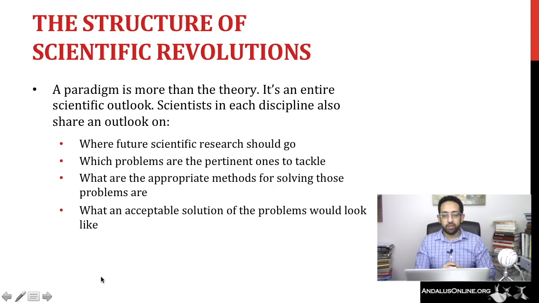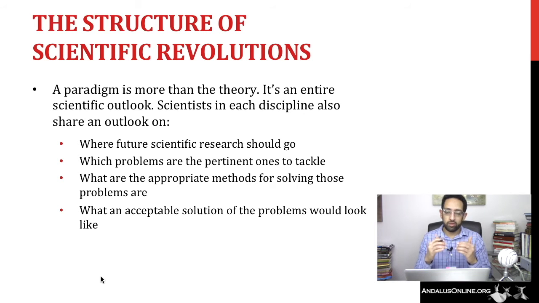But we should mention something though, because we say that, for example, evolutionary theory is this paradigm. Well, a paradigm is more than just one theory. It is an entire scientific outlook. And this actually poses a problem, and it highlights why the objections people have against evolutionary theory, for whatever reasons they might have, religious or otherwise, always tend to fall short.